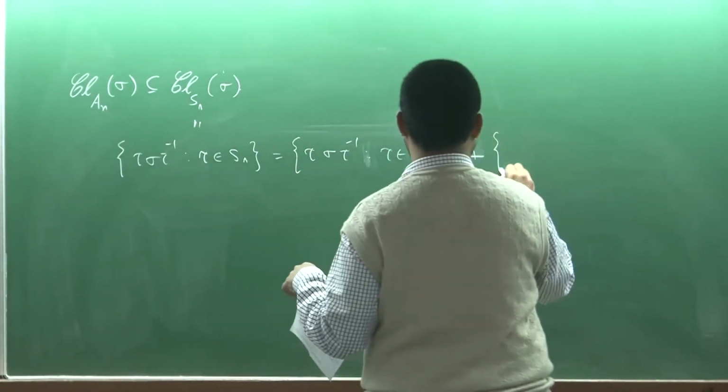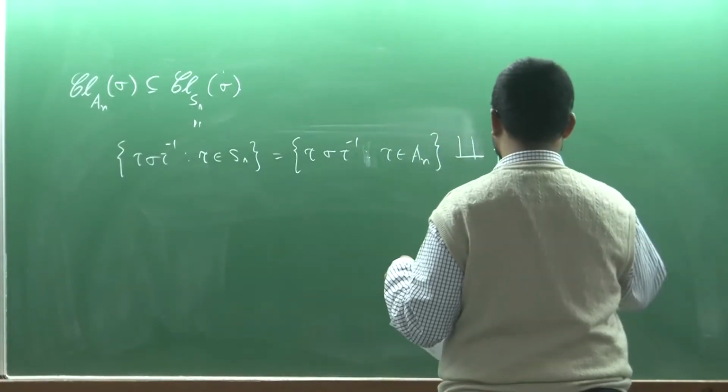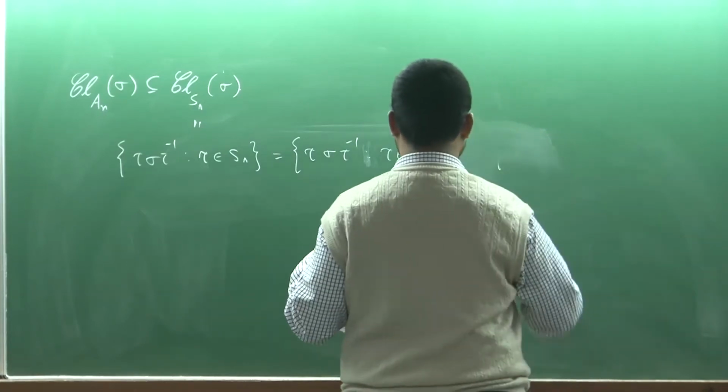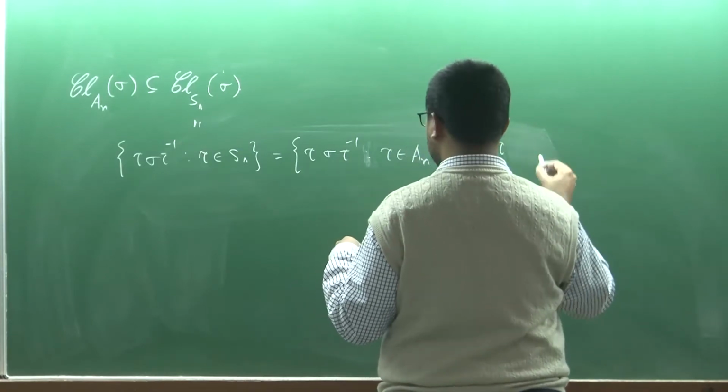For the time being, just write the union. The disjointness will be automatic.